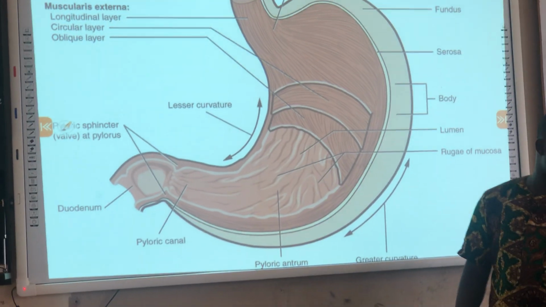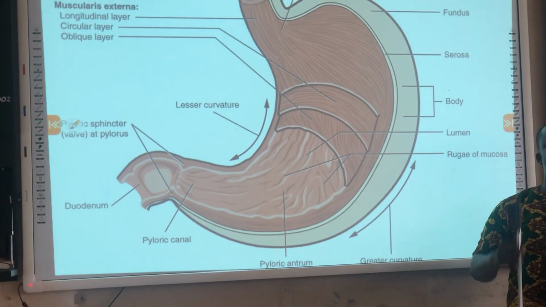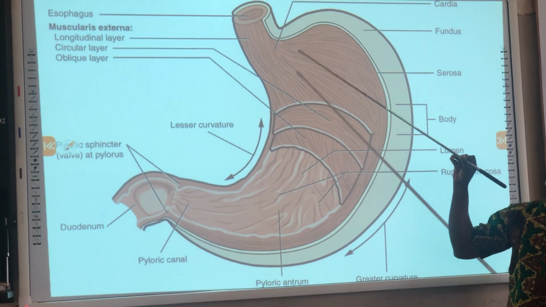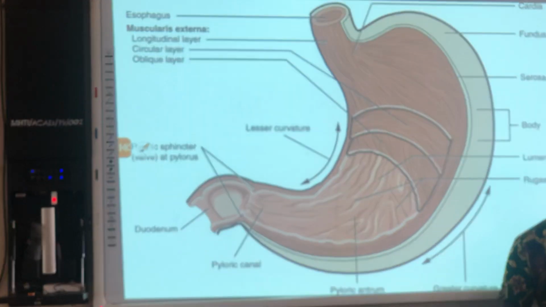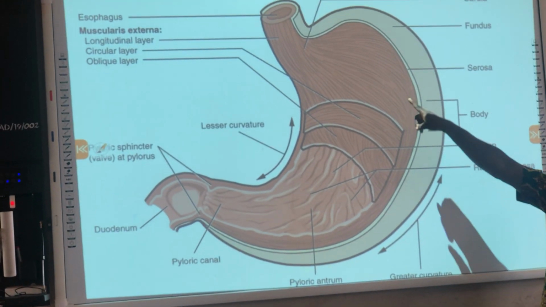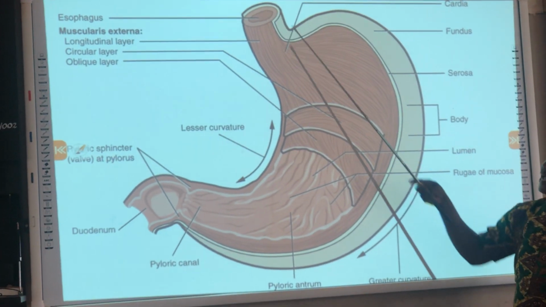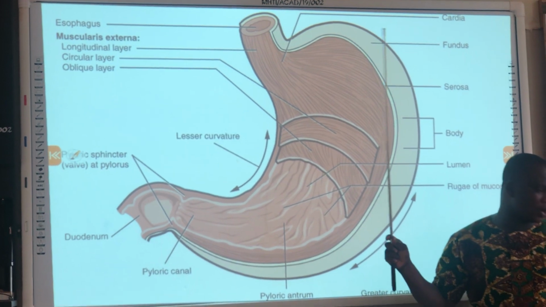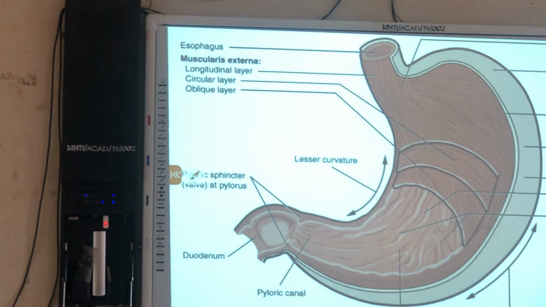Now, let's take the cardiac region. By the name, cardiac means the heart. So the cardiac region is the portion of the stomach that is closer to the heart, and it is the relatively small area that receives food from the esophagus. That is all about the cardiac region.